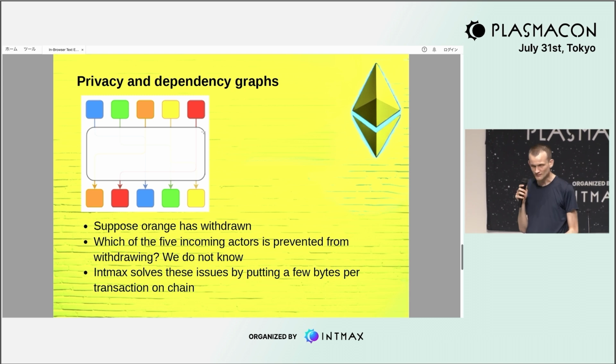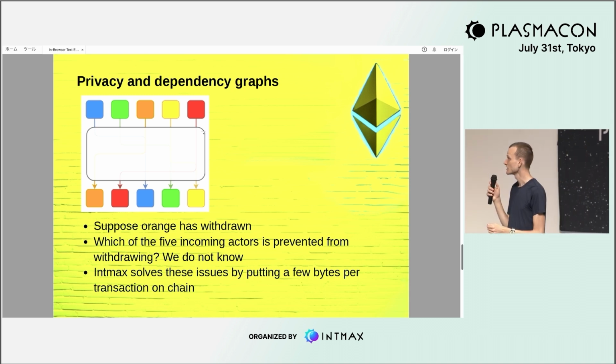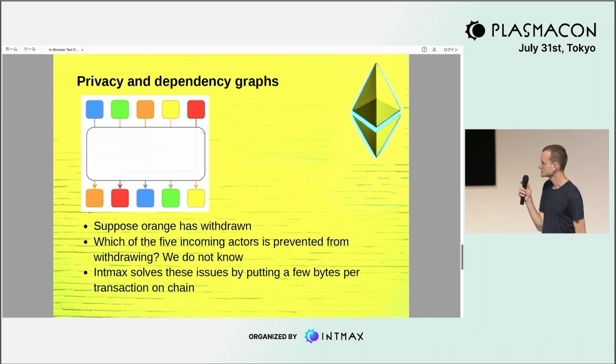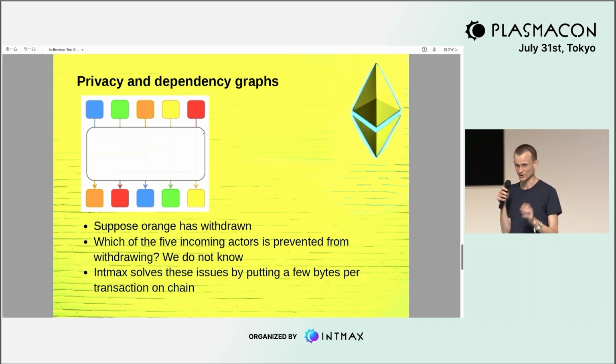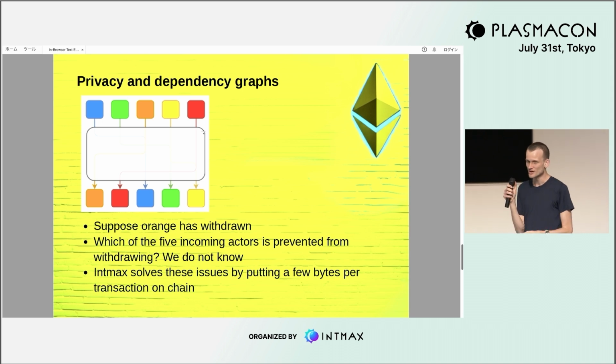So another challenge is privacy, right? With privacy, basically the challenge is, let's say we take a system where you have some kind of privacy protocol. You have 5 coins going in, and then you have 5 coins coming out, right? And let's suppose that orange withdraws. So orange over here withdraws at the bottom. The big question is, which of the 5 actors at the top do we try to prevent from withdrawing, right?